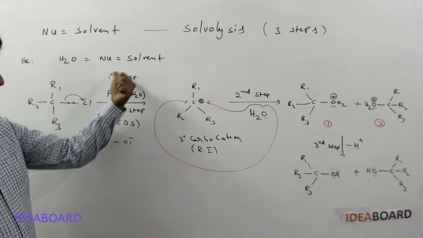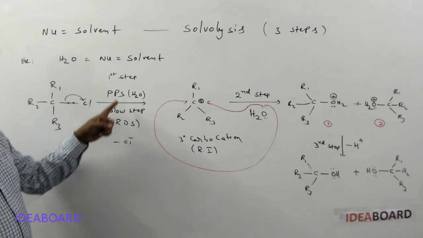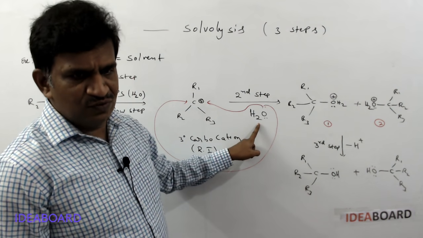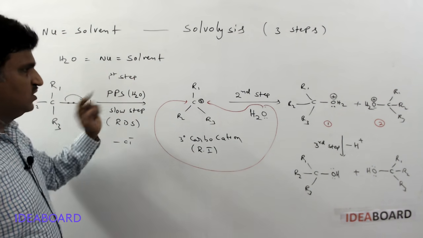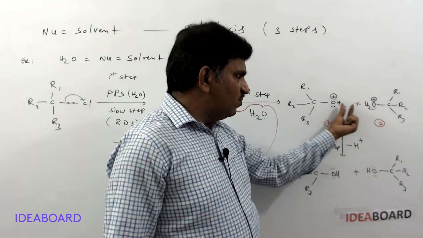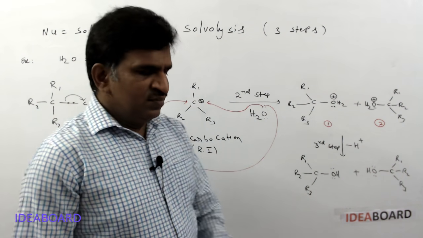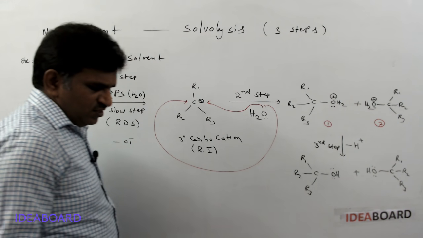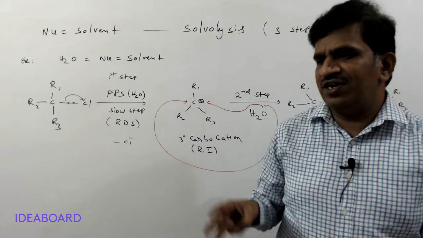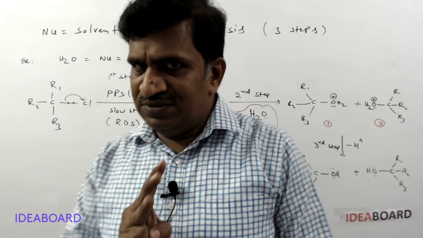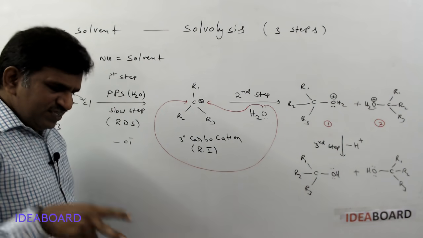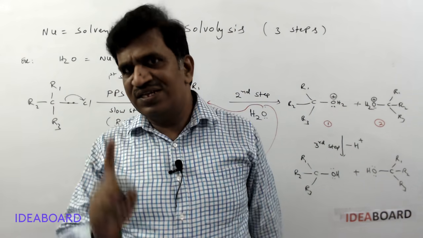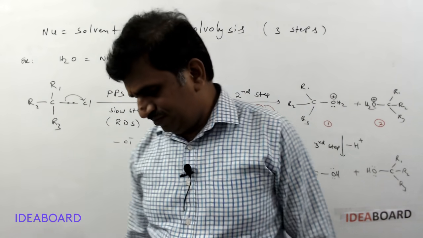In this reaction, the first step is ionization, the second step is attack of the nucleophile H2O, which is also a solvent, and in the third step deprotonation occurs. That is the solvolysis process. In a solvolysis process, where the solvent acts as a nucleophile, there are 3 steps. Please remember that. Otherwise, if the solvent is not the nucleophile and they are different, then there are only two steps.